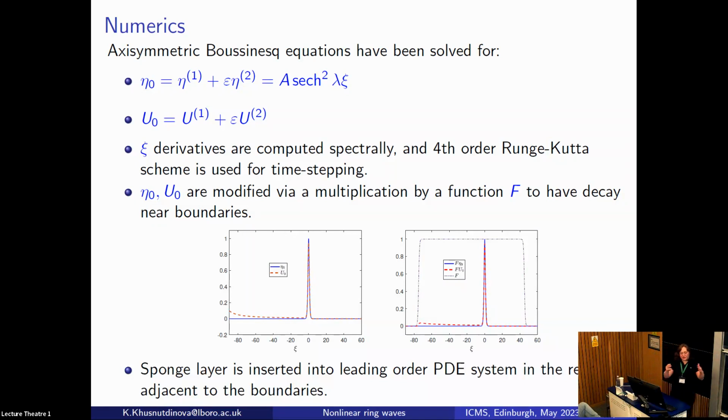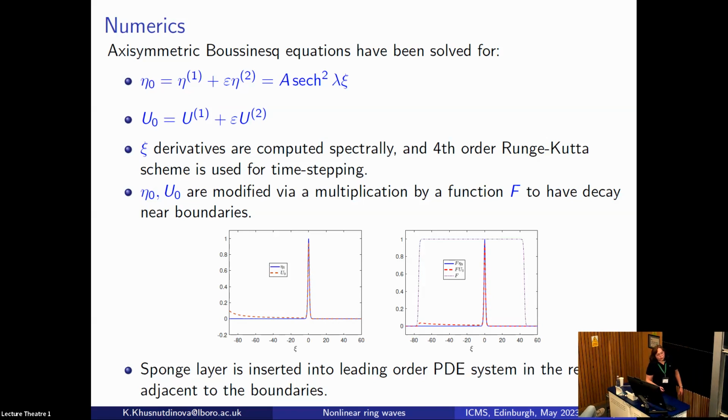Why? Because in this kind of problem, anything which propagates inwards starts growing because of the cylindrical convergence, and it contaminates the numerics very quickly. So you need to get a really close initial condition to be able to do meaningful numerics. We use the pseudospectral method with Runge-Kutta for time stepping.